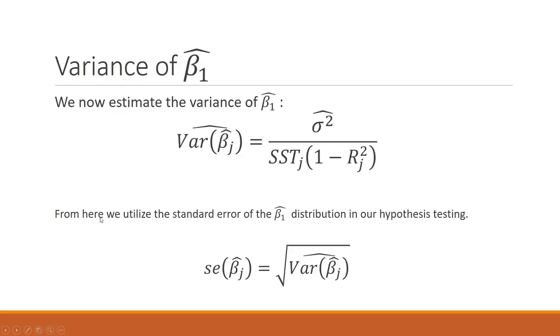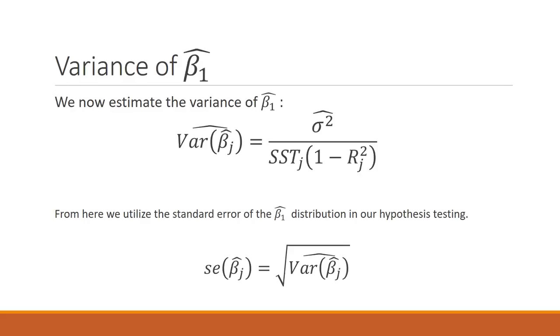From here, we utilize the standard error of the beta 1 hat distribution in our hypothesis testing. You can remember this from our first lecture on hypothesis testing.